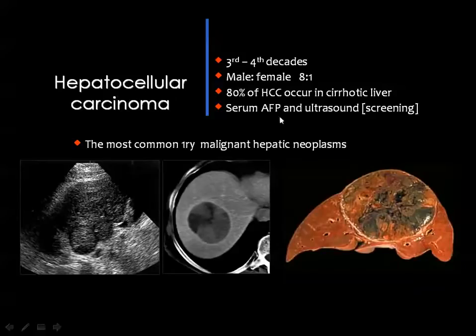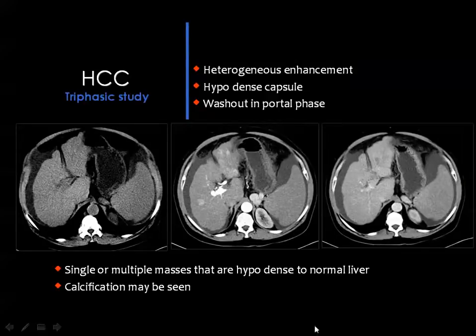The serum alpha-fetoprotein and the ultrasound are usually used for screening a patient with cirrhosis, looking for the possibility of hepatocellular carcinoma. And you see the tumor is solid, and this is the appearance in ultrasound, and this is the appearance in the CT scan.